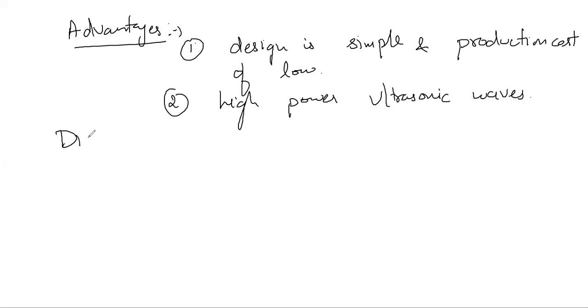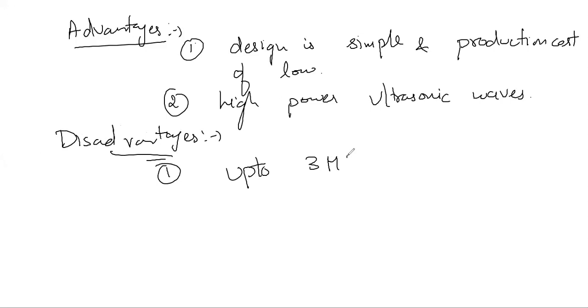If you talk about the disadvantages, you can produce ultrasonic waves only up to 3 megahertz frequency. In the case of the piezoelectric oscillator, you can produce frequency up to 500 megahertz. But in the case of the magnetostriction oscillator, you can produce ultrasonic waves only up to 3 megahertz frequency.